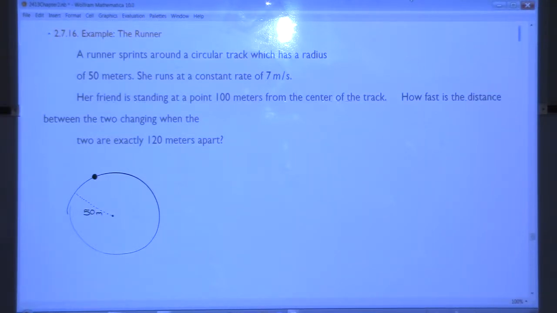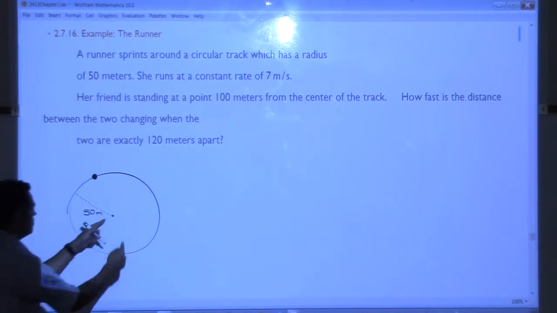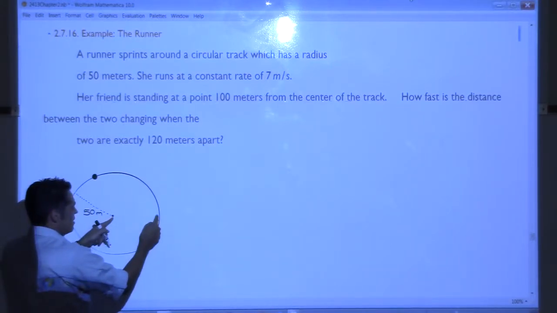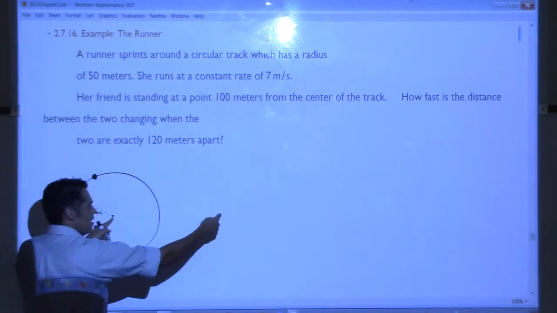Okay, where's the stalker? I mean, the observer. Where's the observer? 100 meters from the center of the track, which could be anywhere outside the track, 100 meters away from the center. It doesn't tell us where, so we get to pick, right? Now, if this is 50 meters, wouldn't it make sense to go out another 50 meters so everything looks level?